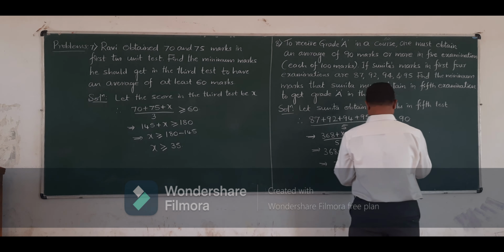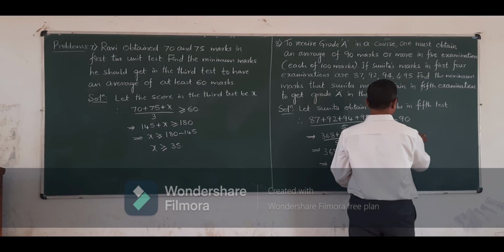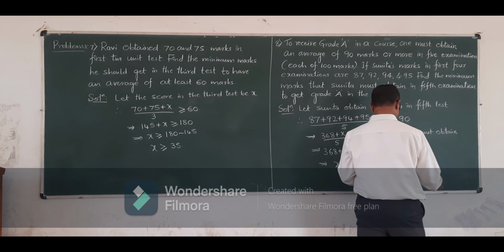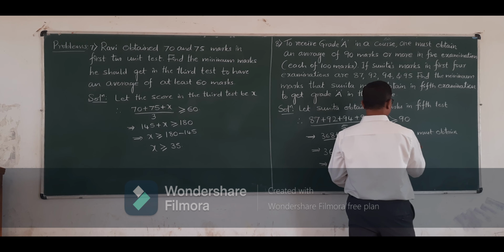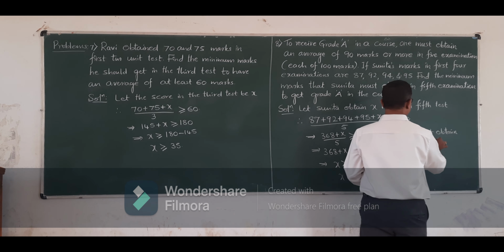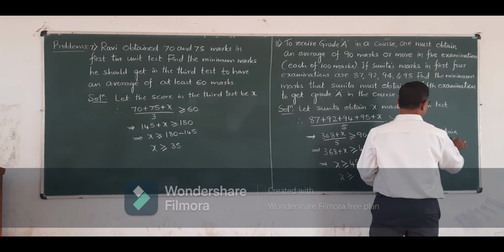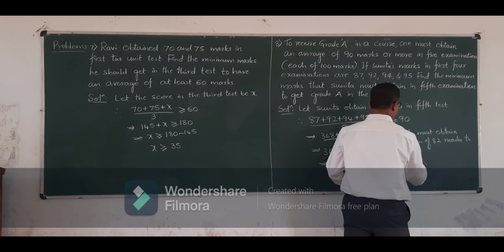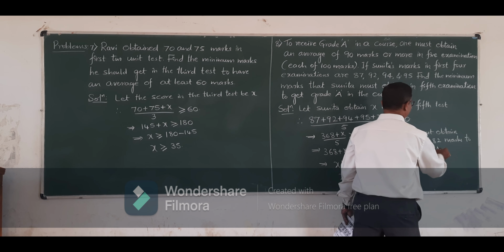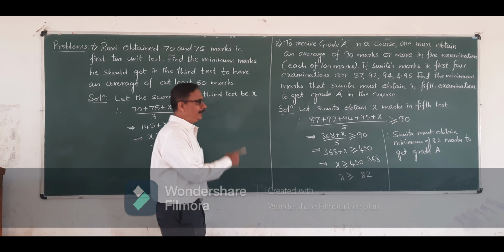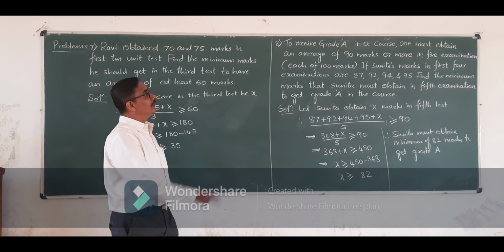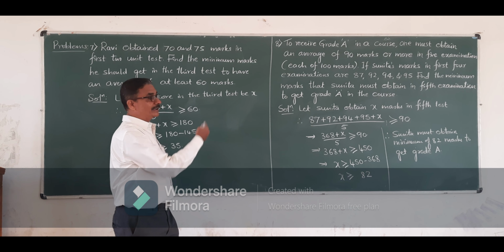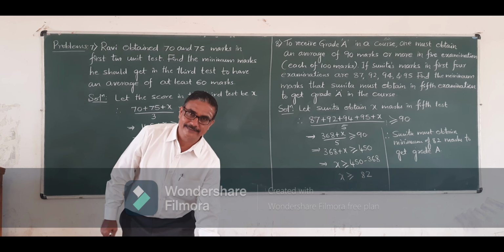Therefore Sunita must obtain a minimum of 82 marks to get grade A. To get A grade, the minimum marks she can take is 82; if she takes 82, her average will be 90 marks and she gets A grade. Each question carries 3 marks. Clear students? Okay.